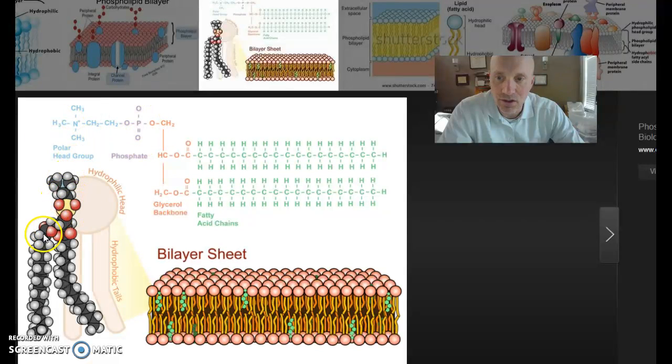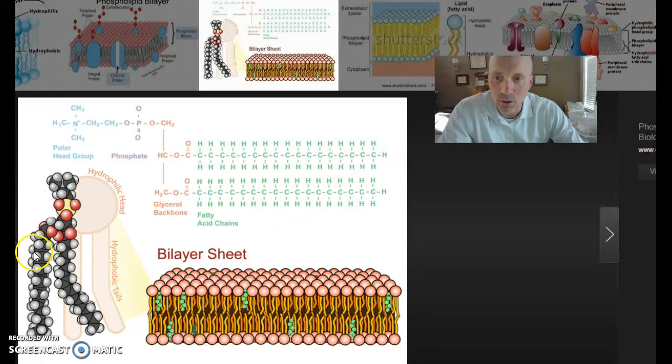So this right here shows this, and this would be the long chain fatty acid, and this right here is going to be that phosphate group, this part of the molecule right here. This part right here is the part that really likes water. And these parts right here are the fatty acid chains, and those don't like water.